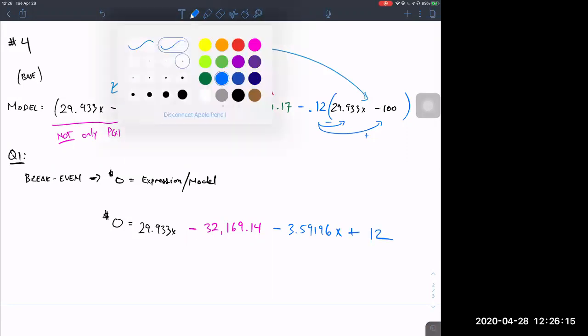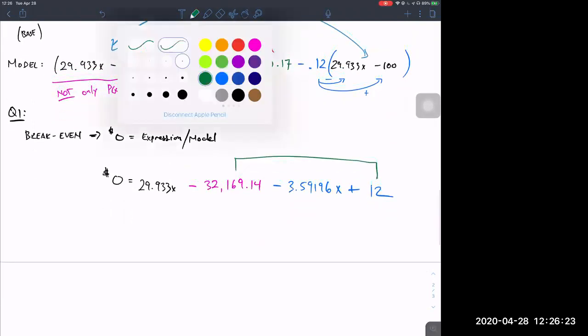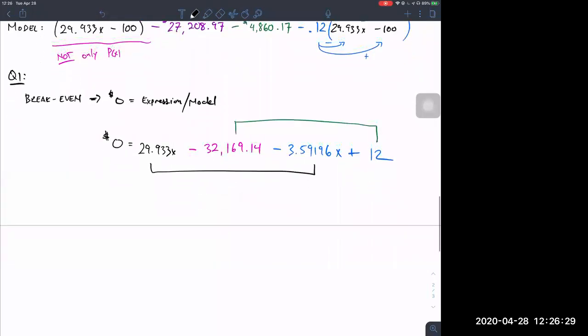So now these two have to combine right here. The pink number and the light blue number. And that also means that you combine these two now because these are both x's. So now I'm going to throw the black number still on the right side of your equal sign, right?